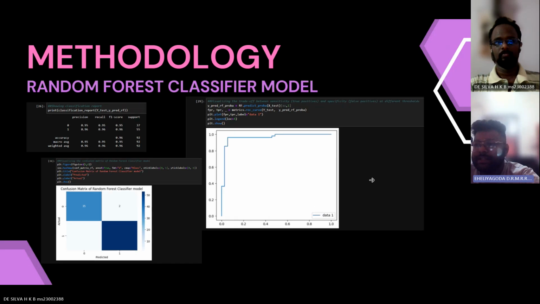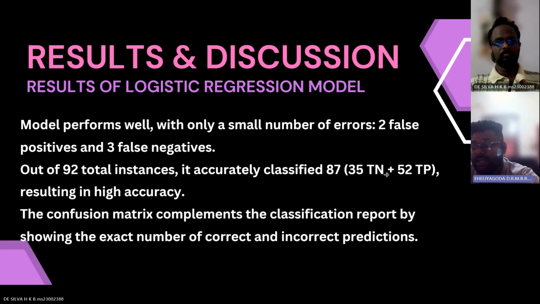Next slide, the random forest classification model. Again we show the classification report, the confusion matrix below, and the trade-off visualization between the true positive and false positive. We'll describe it in detail in the results and discussion section.